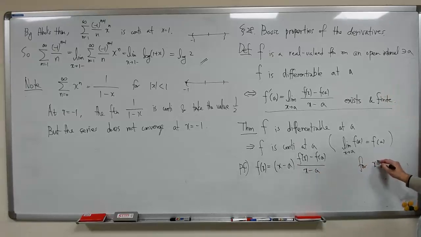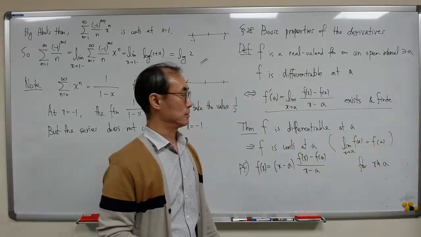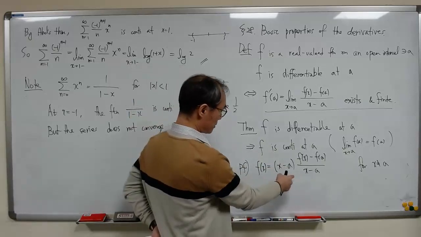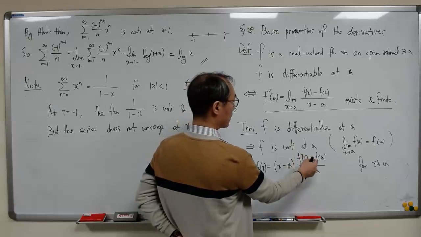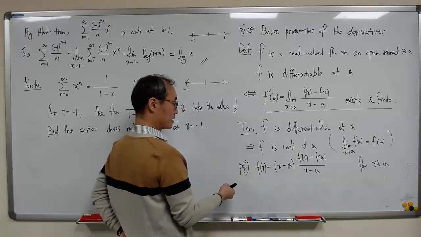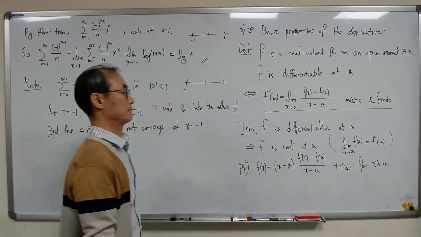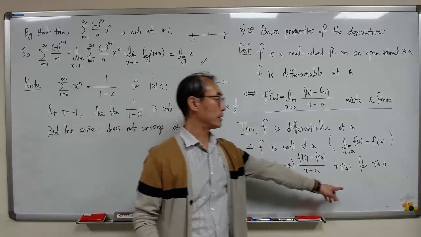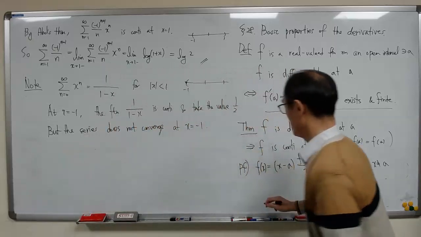For x different from a, you can use this quotient or division expression like that. And if that's the case, you can cancel those terms to get f of x minus f of a. So to recover f of x, you need to add up this quantity. This is always true except when x is a.